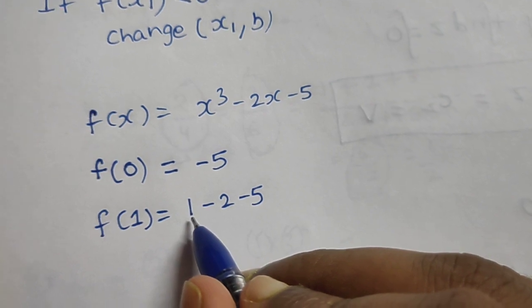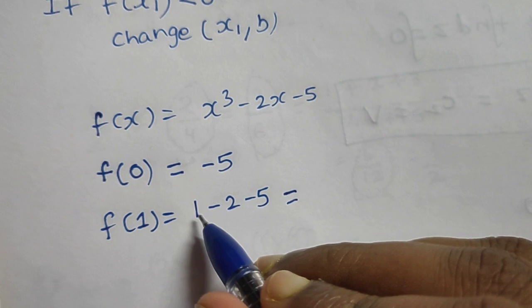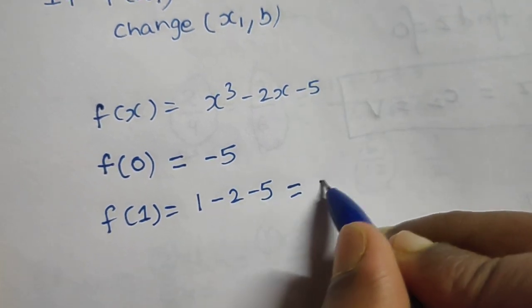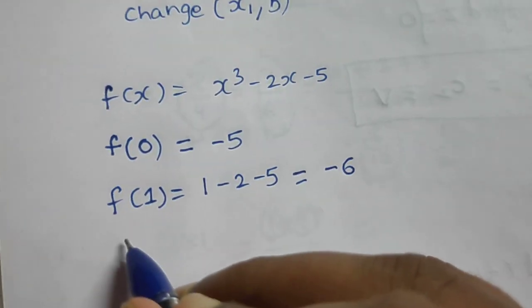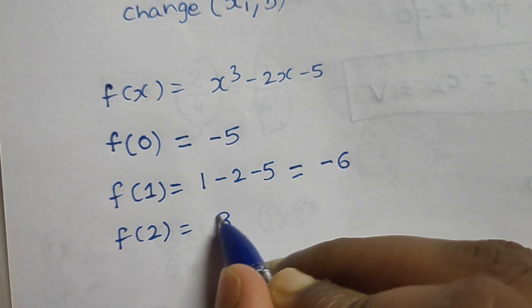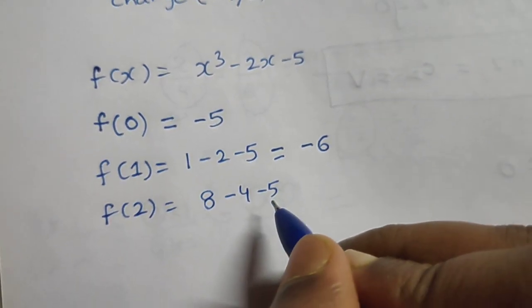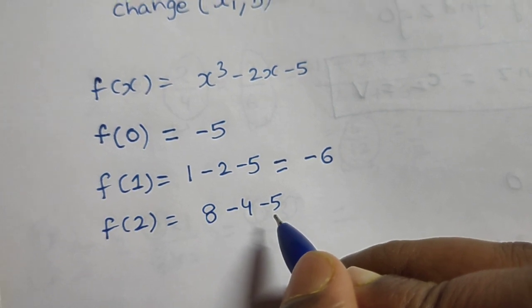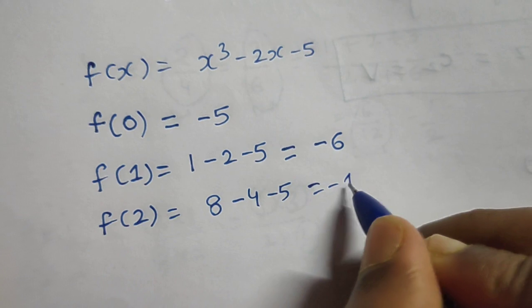So this is 1 minus 7, which is minus 6. If you check the value at 2, it is 8 minus 4 minus 5, 8 minus 9. So 8 minus 9 is minus 1.